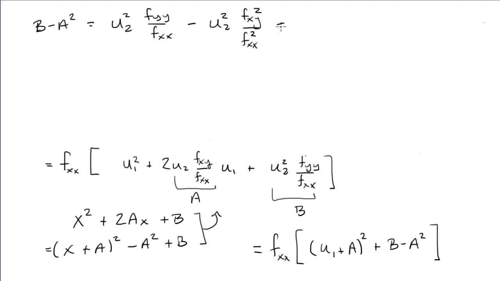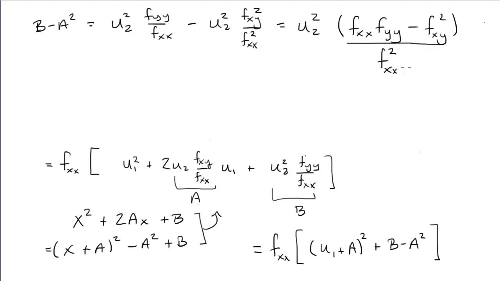Get a common denominator and factor out the common denominator. Alright, so now it's the second x derivative times a positive term.